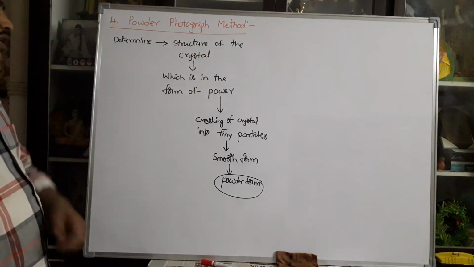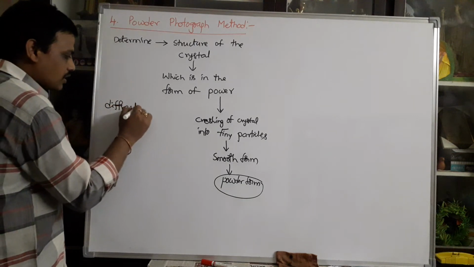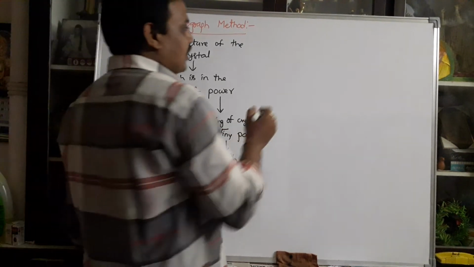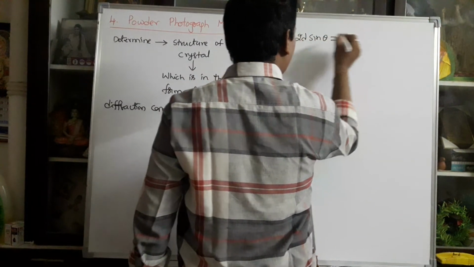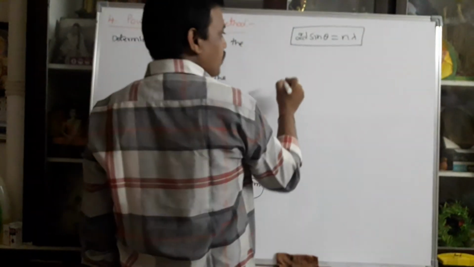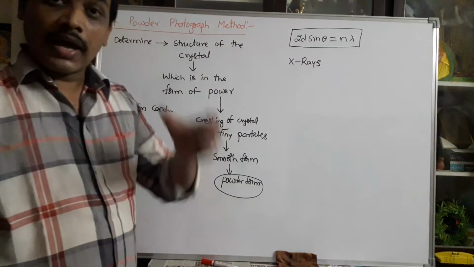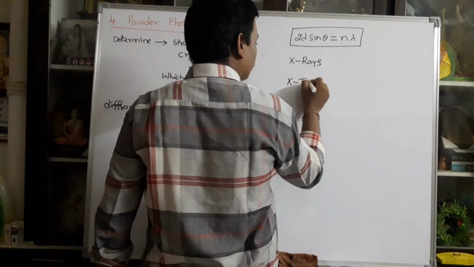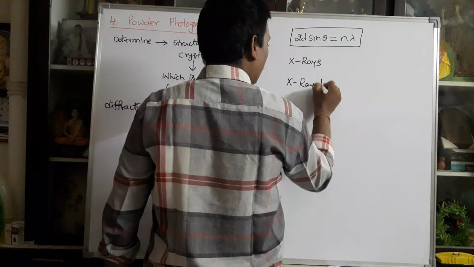In this powder photograph method, we use the diffraction condition. What is the diffraction condition? 2D sin theta must be equal to n lambda. For diffraction, the rays must be X-rays, so here also we use the X-ray beam collected from an X-ray tube.